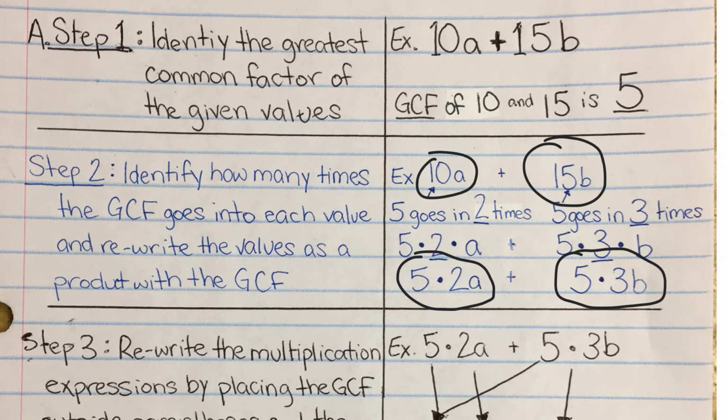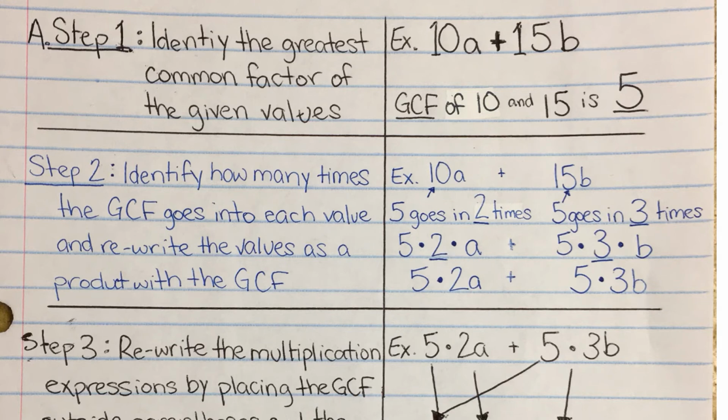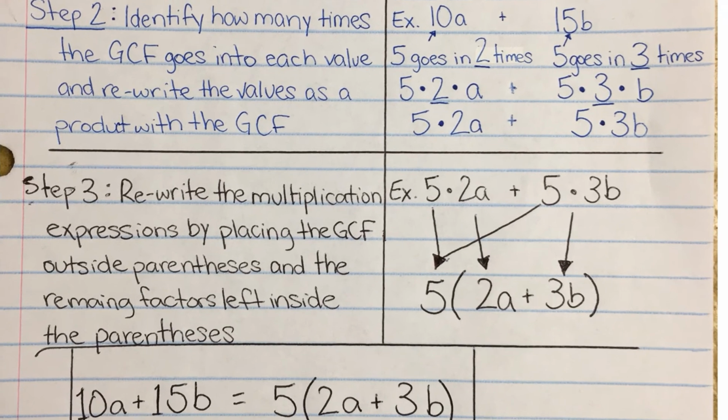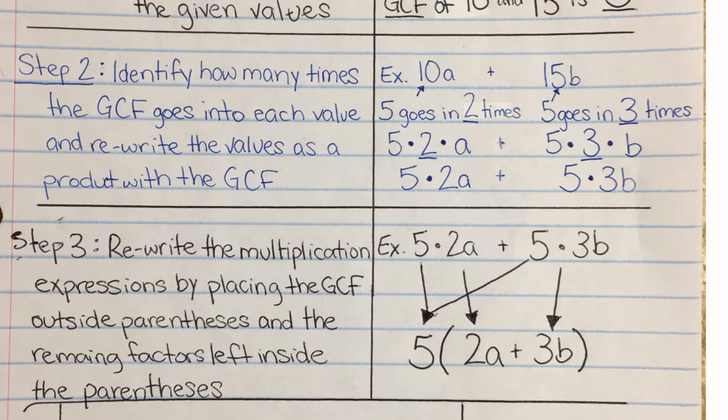Now, step 3, the final step in this process of factoring expressions, looks like this. We need to rewrite the multiplication expressions by placing the GCF outside of the parentheses and the remaining factors that are left over inside the parentheses. So what we've done here is we took our two problems.